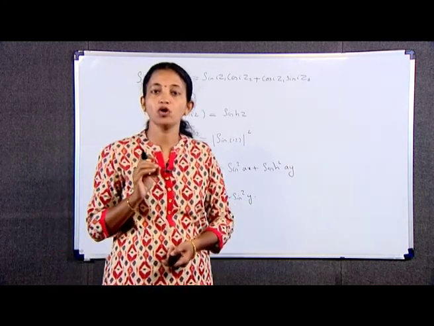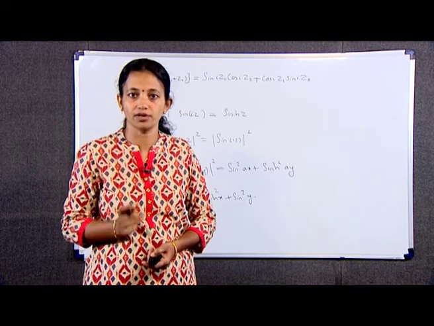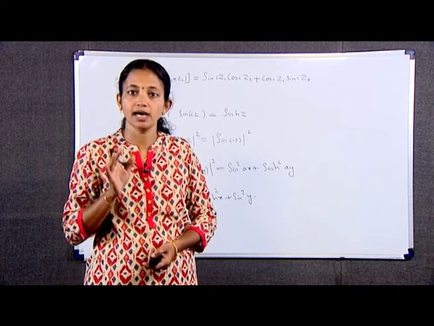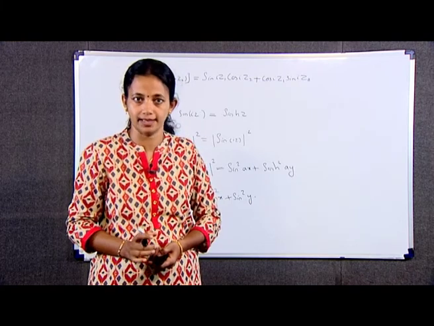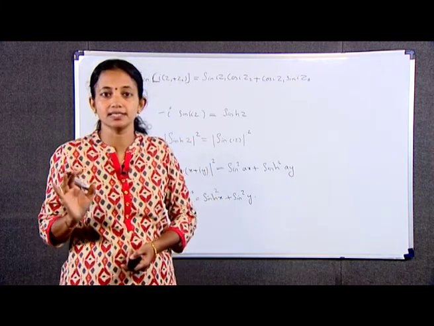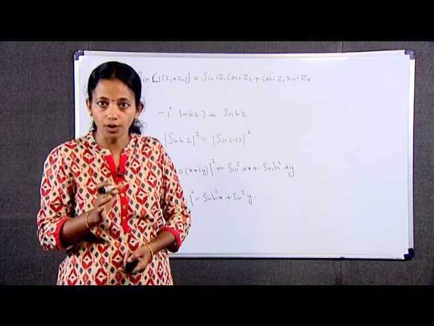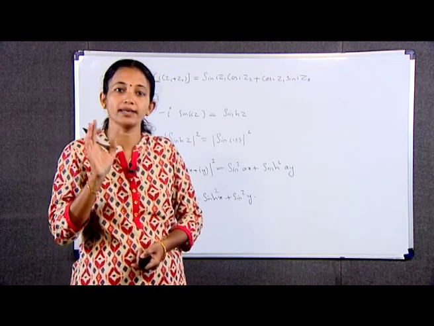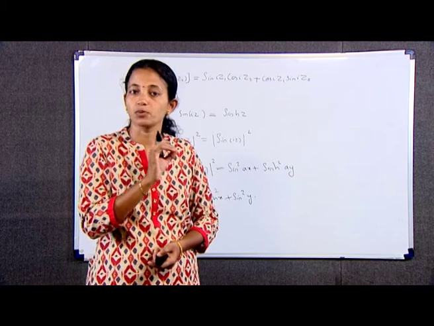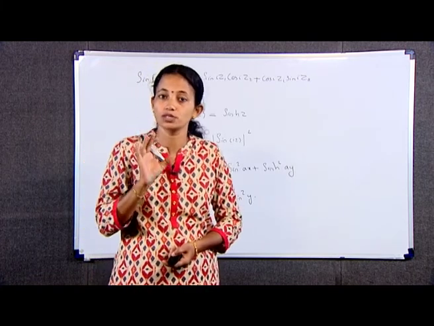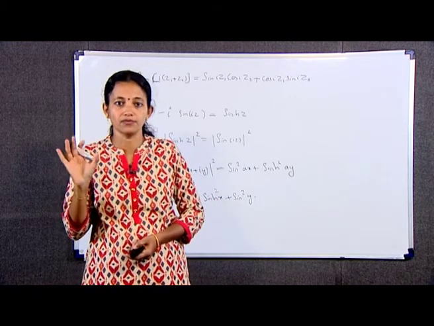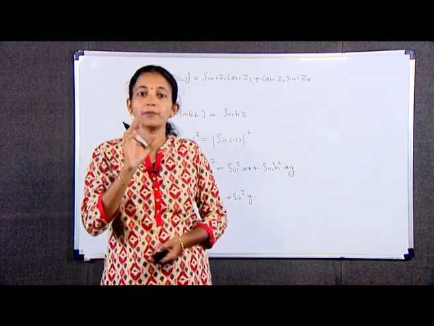Periodicity. In view of the periodicity of the trigonometric functions sin z and cos z, it follows from the relations 3 and 5 that sinh z and cosh z are periodic with period 2 pi i. Also from equations 3 and 5, it follows that sinh z is equal to 0 if and only if z is equal to n pi i.